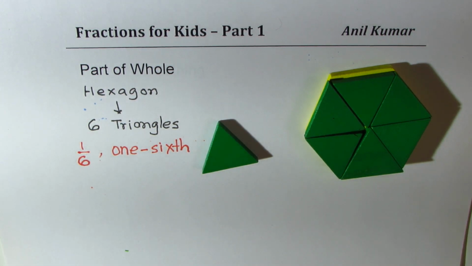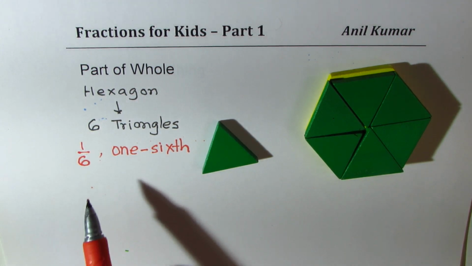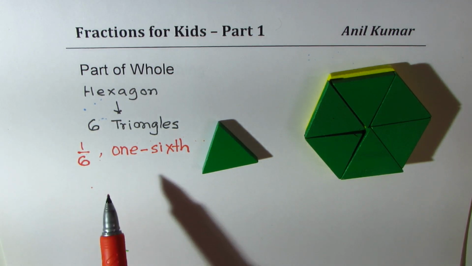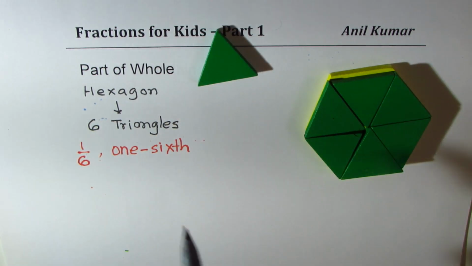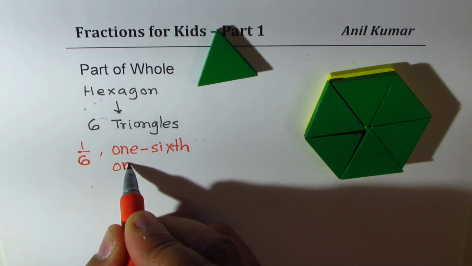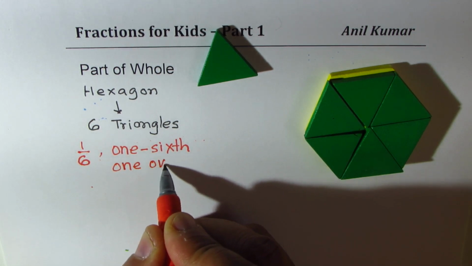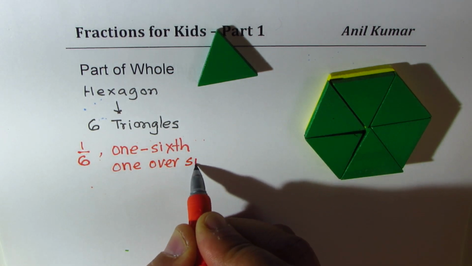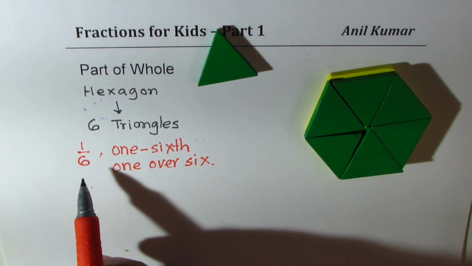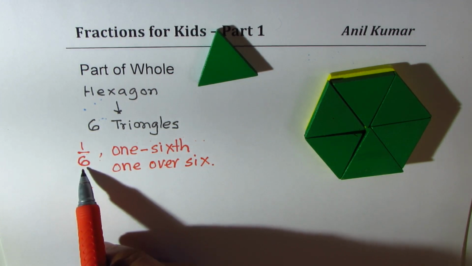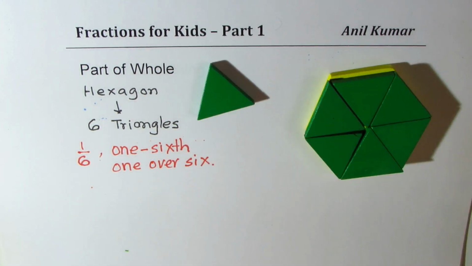So there are different ways of writing fraction. You can say it as 1 over 6 also, right? So let me write here another term, which is 1 over 6. All represent the fraction 1/6. Do you see that? So this green triangle represents 1/6.